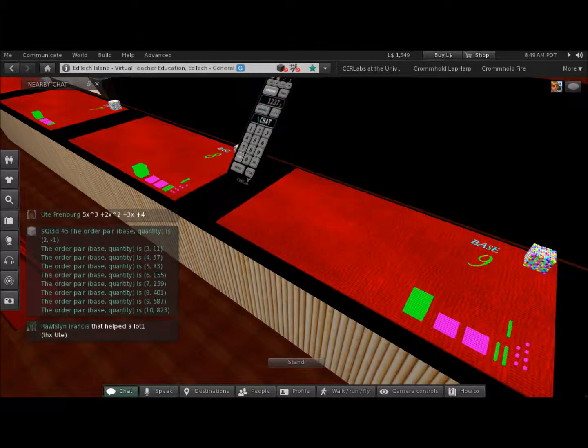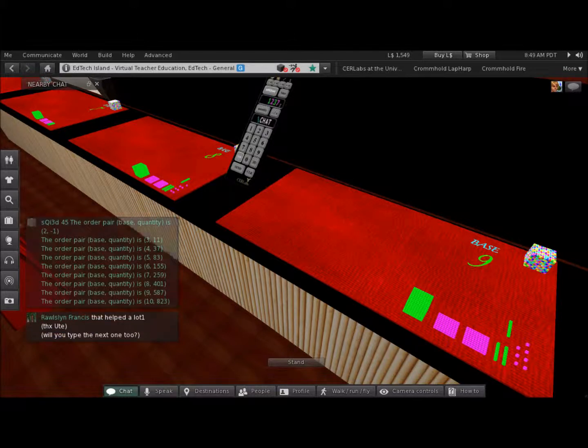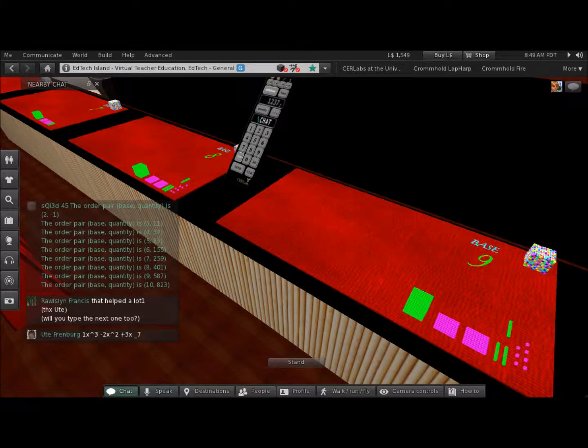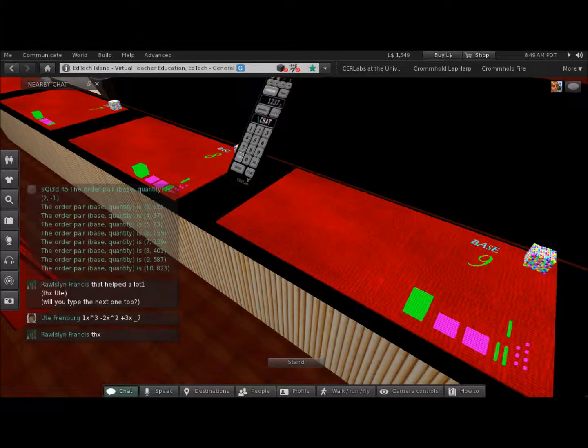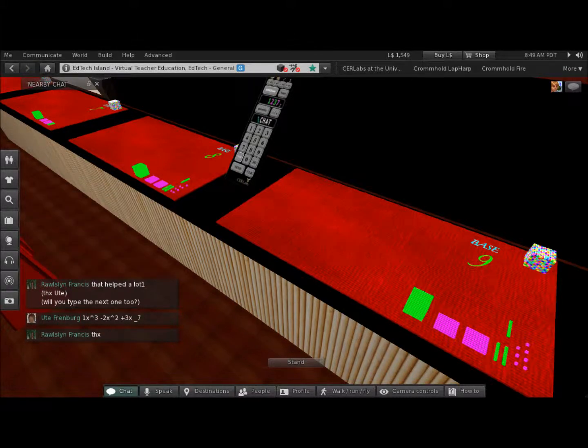And what happens is when you put the green and the magenta together, they cancel out. And that's because in computer technology, green and magenta make white. And so that's what we're talking about. So here's the equation. 1x cubed minus 2 squares. You can see the squares, can't you? Minus the 2x squared plus the 3x minus 7.